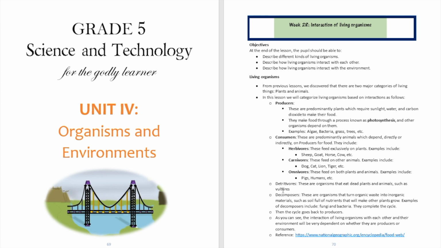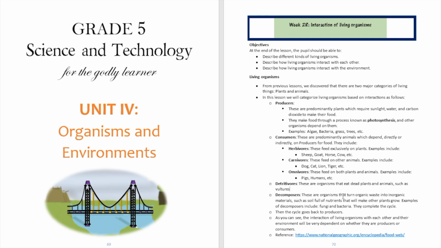Then another category of living organisms is what we call detritivores. Okay, detritivores. Let's say that together. Detritivores. These are organisms that eat dead plants and animals, and they are going to be things like vultures. Then another category of living organisms will be things like decomposers.